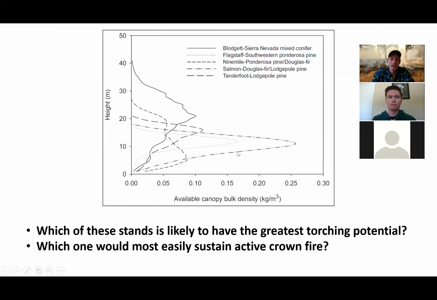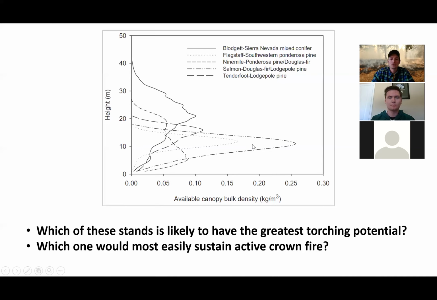Or if we go back to our salmon, Douglas fir, lodgepole pine, this is probably a relatively homogeneous stand, so maybe we're going to do a crown thinning, maybe thin the spacing or something like that. We might not change the shape of this curve at all.